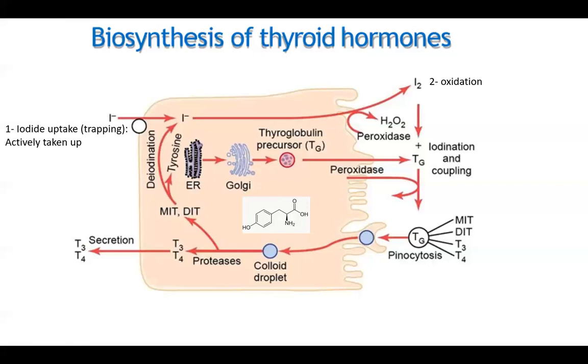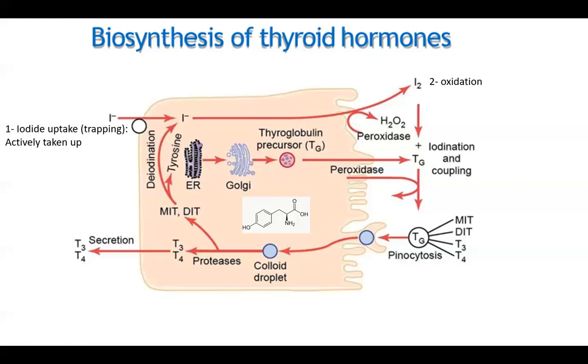Now what? Coupling of two iodinated tyrosines, either mono and di, or di and di, giving triiodo or tetraiodo. And from here we get what we call T3 or T4.